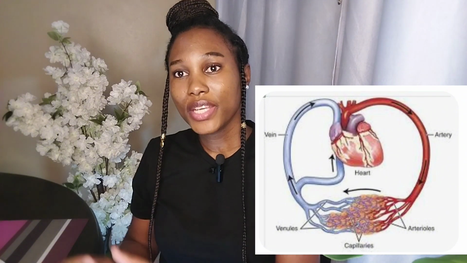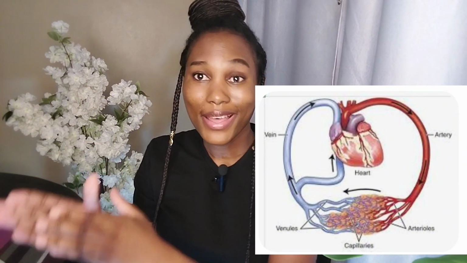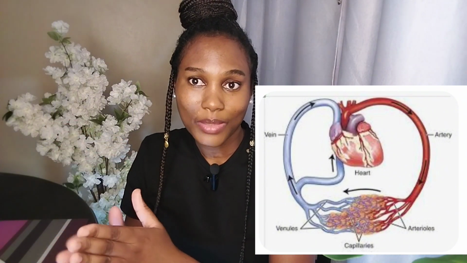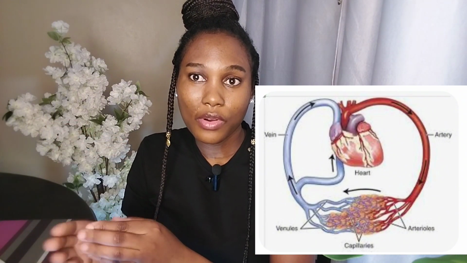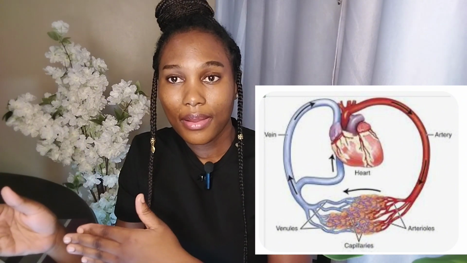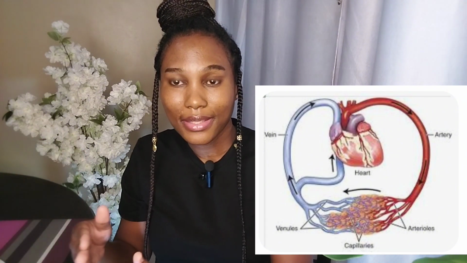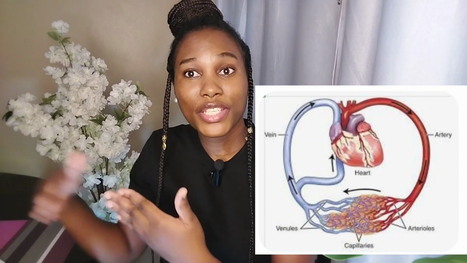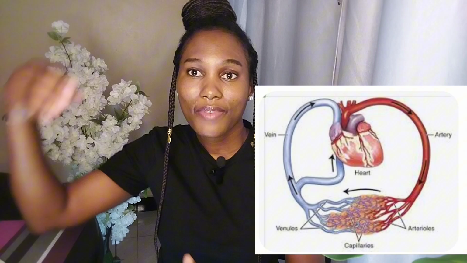Now this blood is supposed to be taken back to the heart via the small veins as well. They are also called venules, and also the bigger veins. It's supposed to be taken to the heart via the veins.